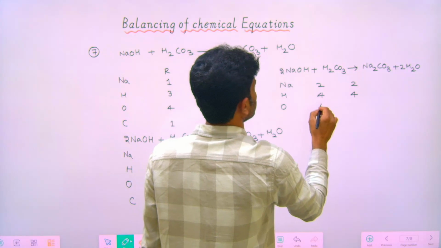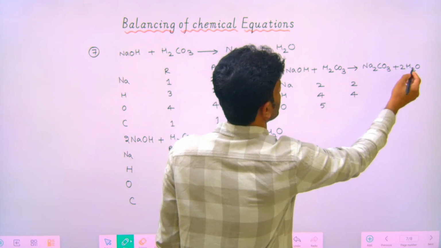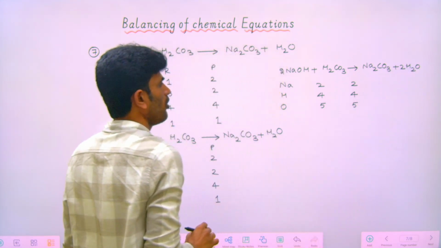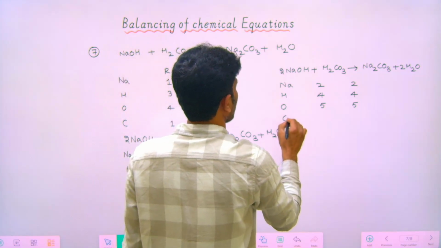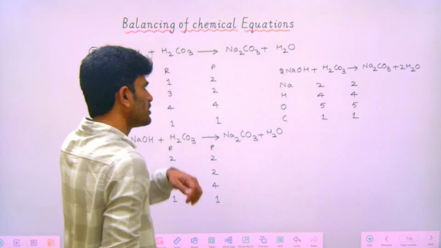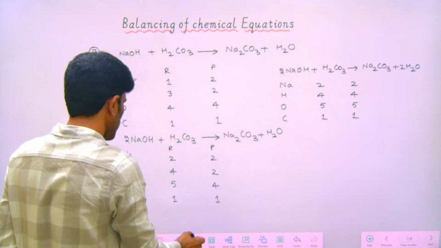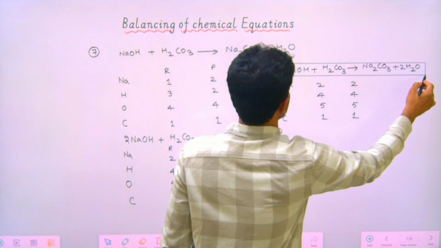There 3 plus 2, here also 5 we have. Oxygens are also balanced. Now what is last? Carbons. Here 1, there also 1. So carbons are also balanced. You can check it. All the different atoms are balanced. So that is the final balanced chemical equation of the given equation.